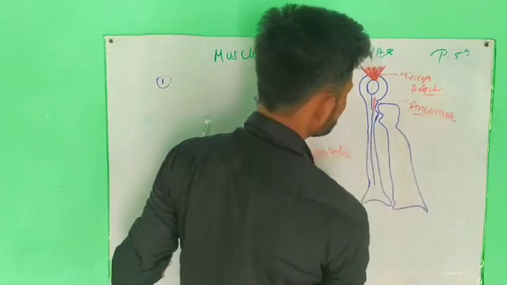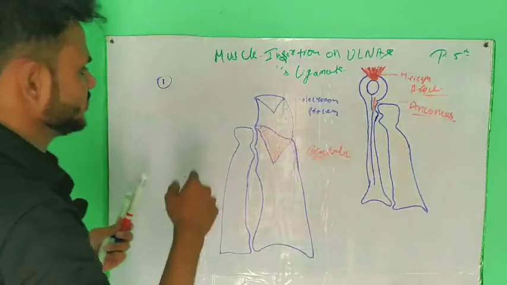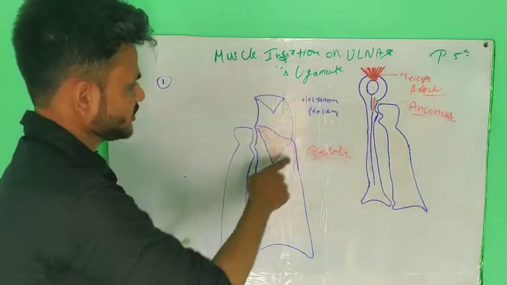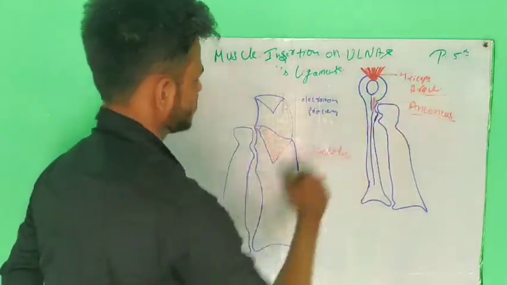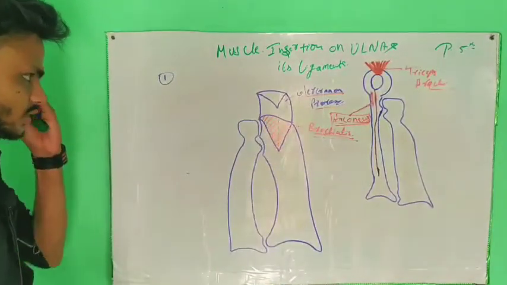This muscle is called anconeus. So there are three muscles: brachialis, triceps and anconeus. This is the muscular insertion.